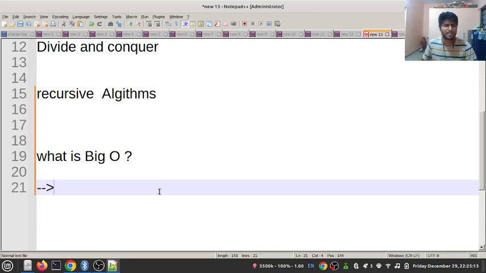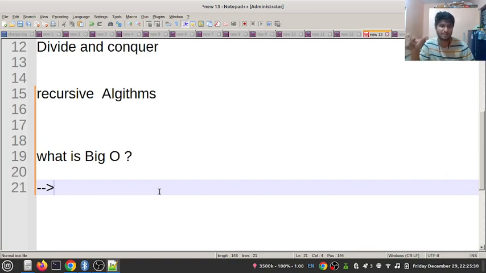Big O is a language and a metric. You use it to describe how efficient an algorithm is. Big O notation is nothing but a language or metric that describes how efficient the algorithm is.